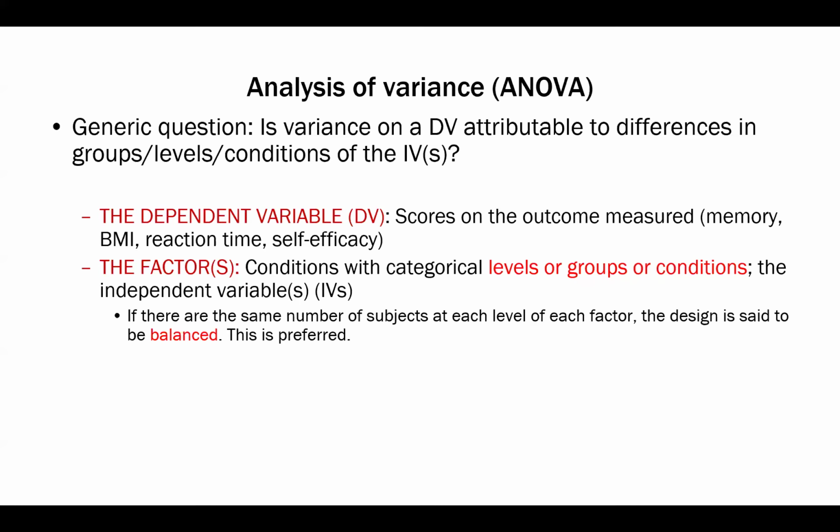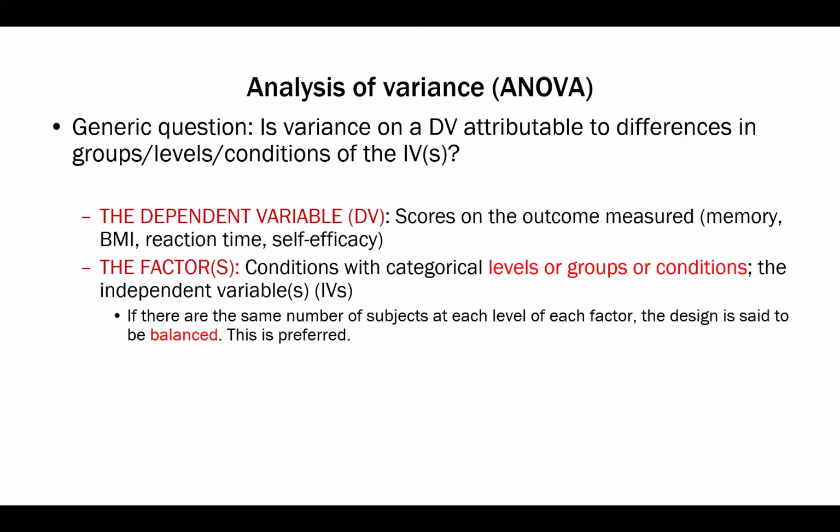If you have the same number of subjects at each level of the factor, the design is said to be balanced. So if you are contrasting people with preference for red, blue, and yellow, and you have 15 people in each group, that is a balanced design where the independent factor is color preference, and you may be measuring something, a personality trait, as a dependent variable.